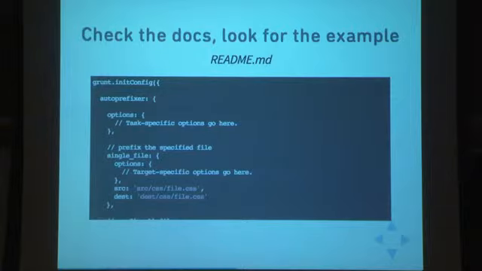They give examples for all the options available at the top that are global, so all the subtasks will inherit them. But if you look at the single files, the options will only be available within that scope, and then you can point it at specific files and keep going.